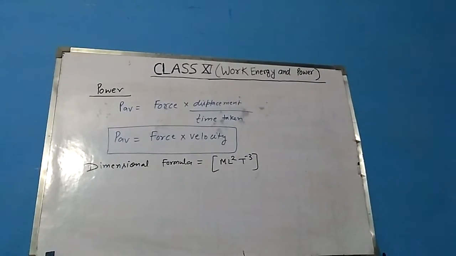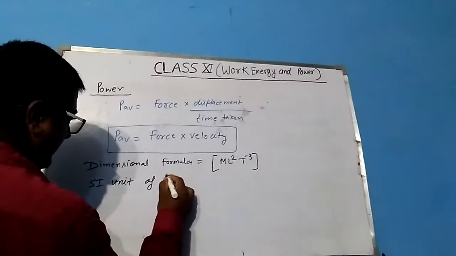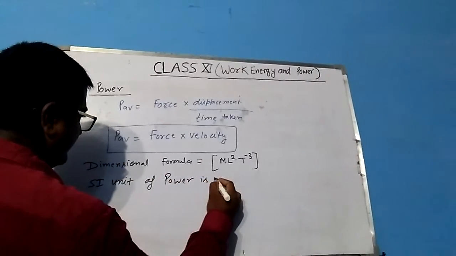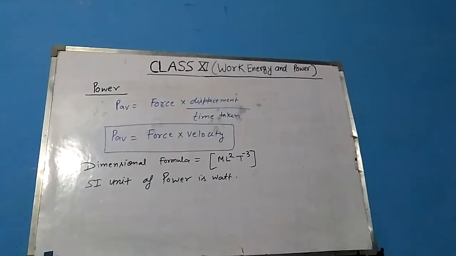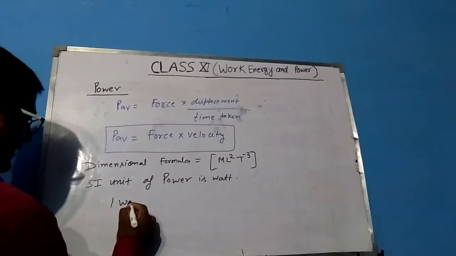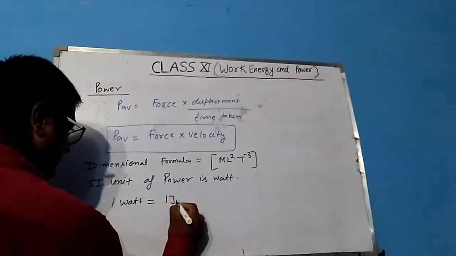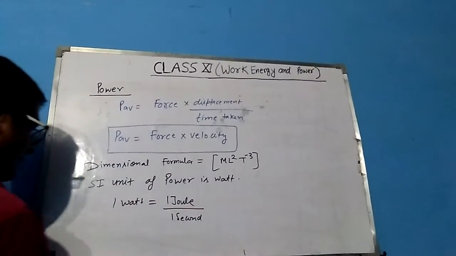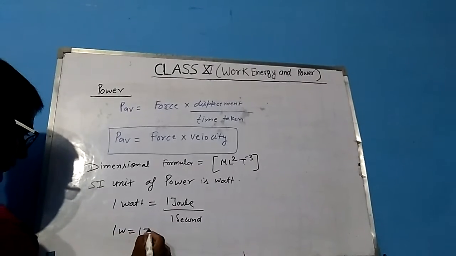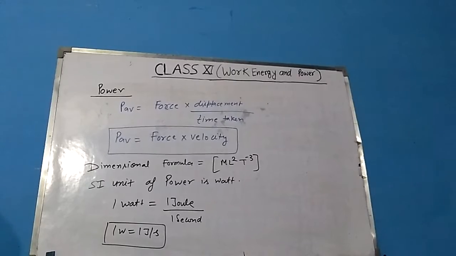SI unit of power is what? 1 watt equal to work by time, so 1 joule divided by 1 second. 1 watt equal to 1 joule per second.